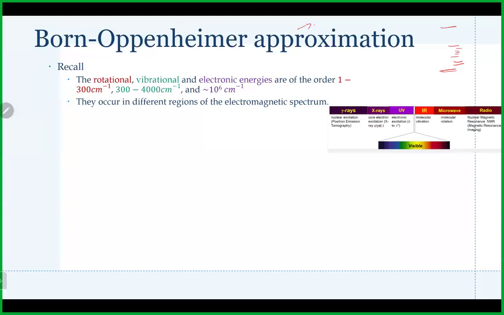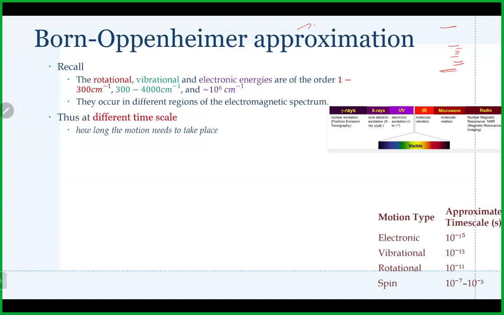Now, because they require different energy to occur, they also occur at different time scales. That means each motion, electronic motion, requires a different time to take place. Same thing for vibrational motion.